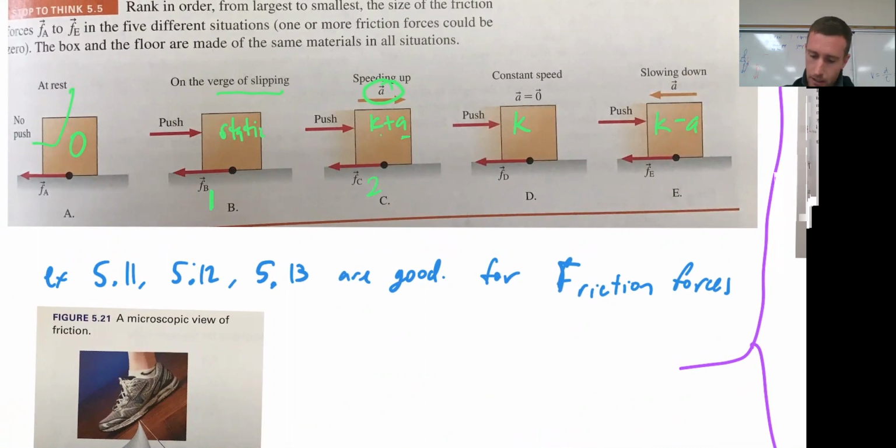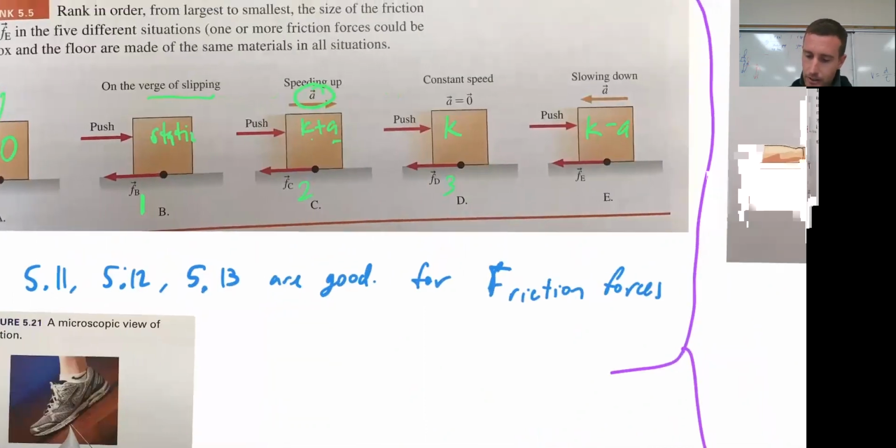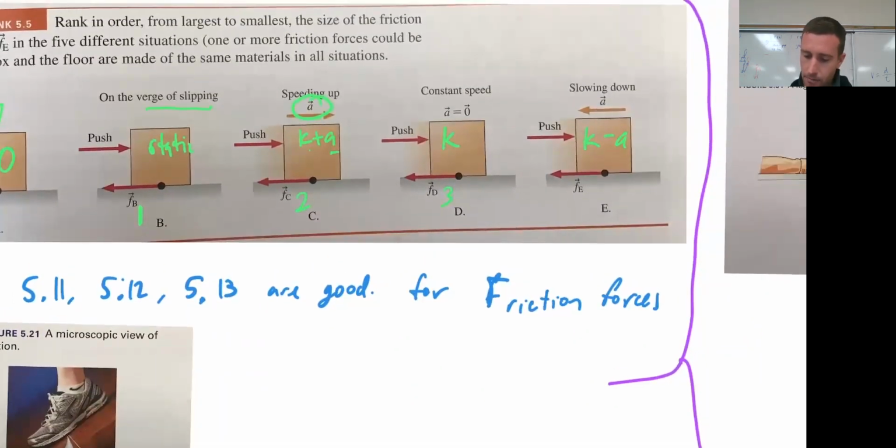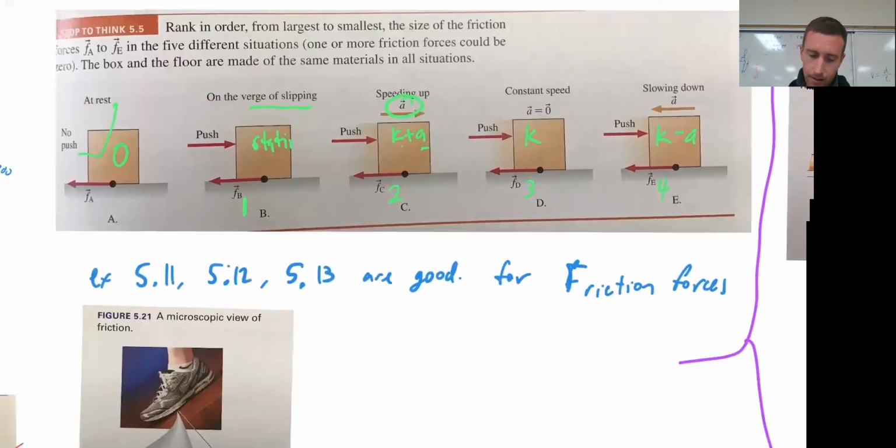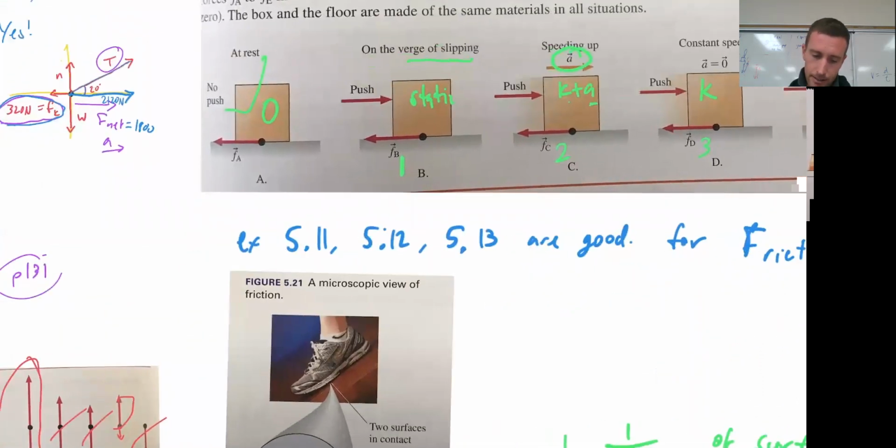Constant speed is going to be my 3rd one because I'm maintaining just the kinetic. Now it's slowing down, so I've got kinetic minus the acceleration. I don't have to push quite as hard. That would be number 4. And then finally, this static one with no push, because there's no force, would be number 5. Okay.